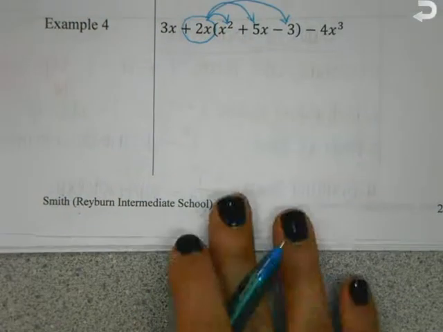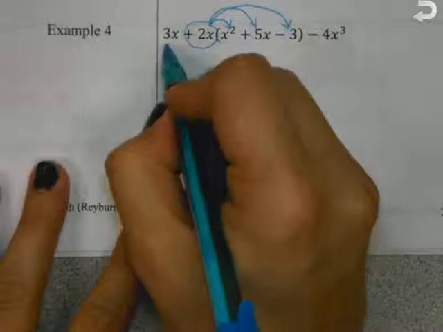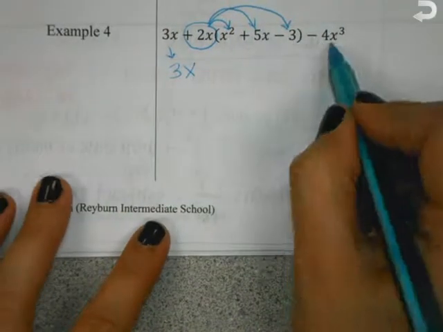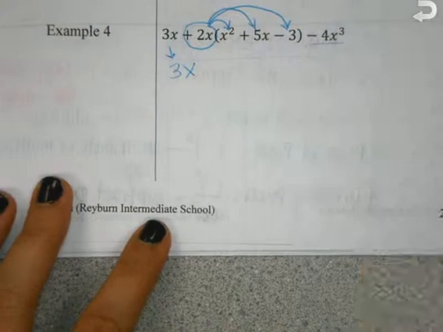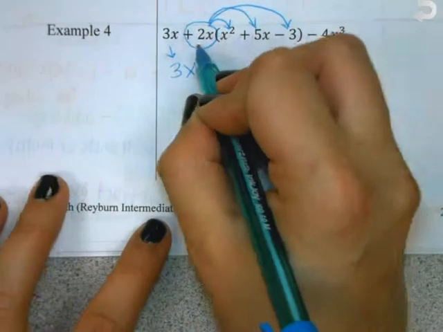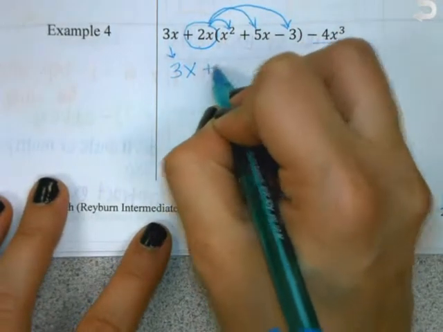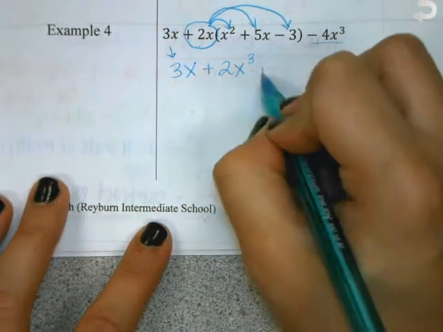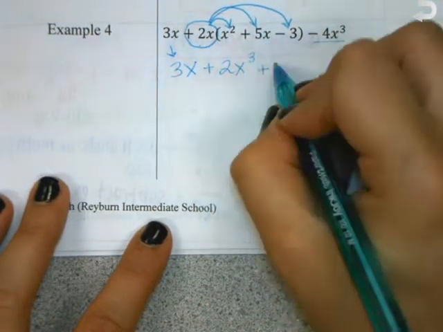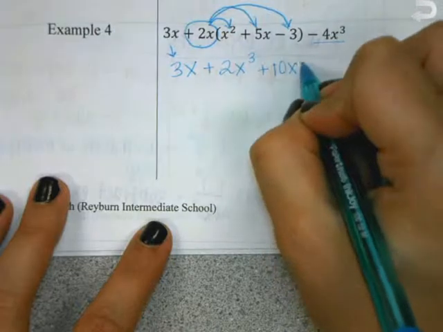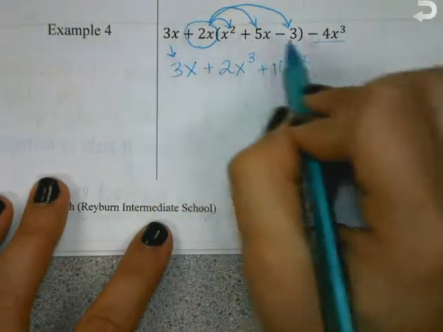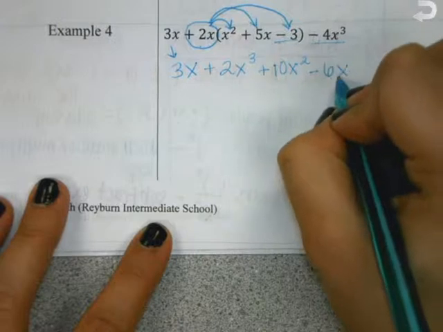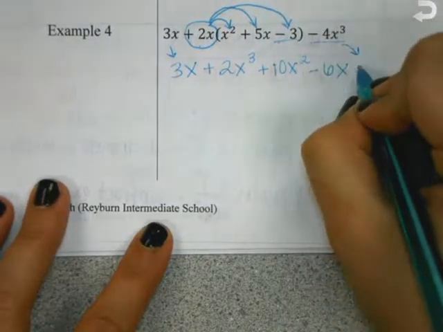But that 3x I have to bring down, and that minus 4x to the third I will also end up bringing down, okay? 2x times x squared gives me plus 2x to the third. 2x times 5x gives me plus 10x squared. And 2x times negative 3 gives me negative 6x. Bring that guy down, minus 4x to the third.